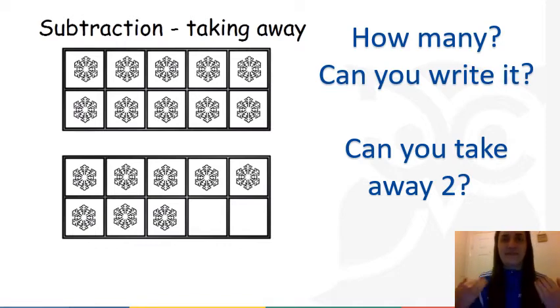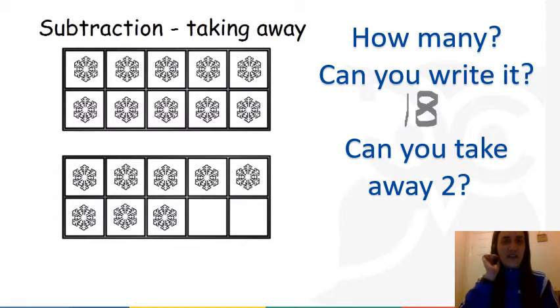There are 18. Can you write down the number 18? I'm going to write it on my screen as well. Watch carefully for the magic writing. 18 is 1 10 and 8 ones. We write it just like that.